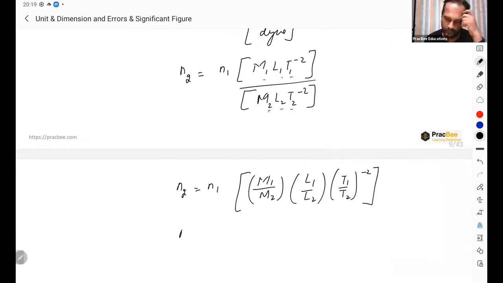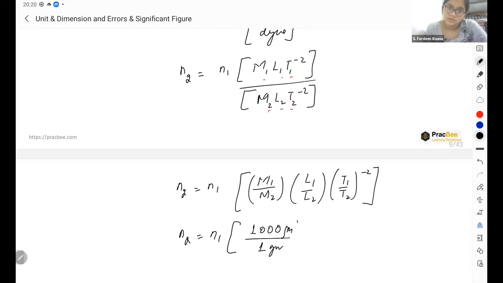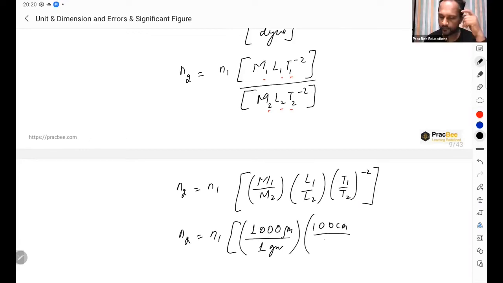So I can write this as N2 is equal to N1 into 1000 gram divided by 1 gram, because M2 is in gram, and if I have to divide, I have to convert it into gram before dividing. So 1 kg is equal to 1000 gram. L1 by L2, that is in meter, 100 centimeter divided by 1 centimeter. Second, 1 second divided by 1 second, to the power minus 2.